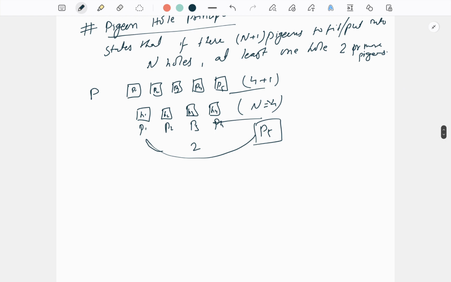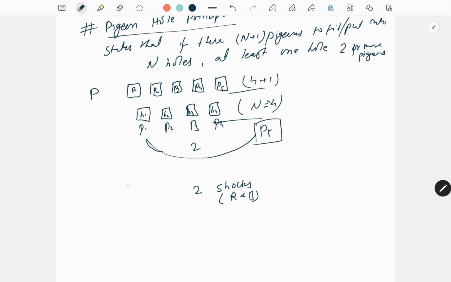Now let's relate this to the above problem statement. You have to get two socks of the same color, and you have two colors, red and black. Now from these two colors, how many socks do you want to draw?